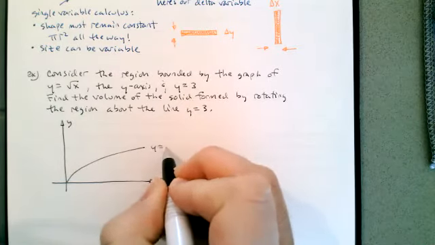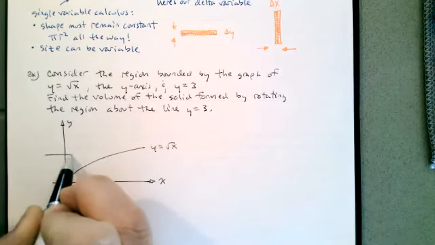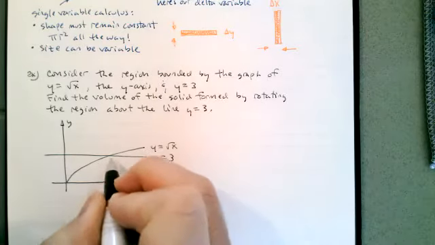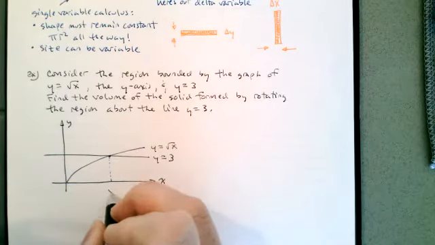Here's the curve y equals the square root of x. Here's the line y equals 3. The intersection is going to happen when x is equal to 9.